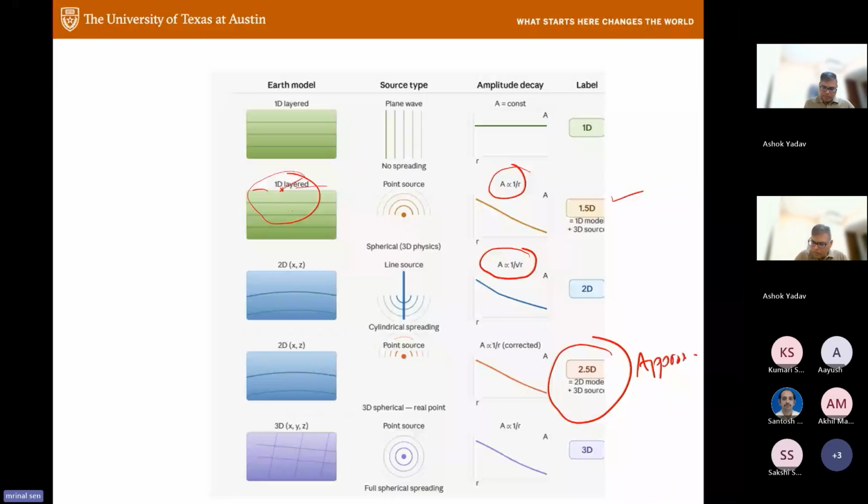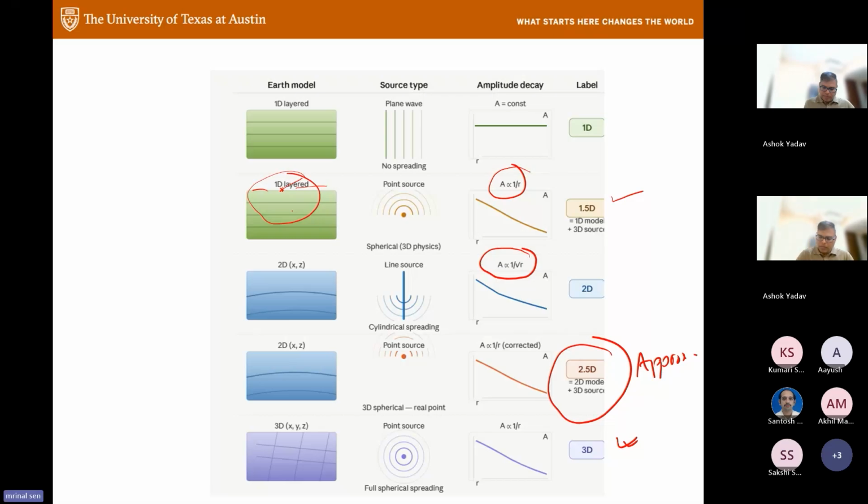Now in 3D, you have a point source, and this is 1 over r, and this is your reality, except that we haven't talked about heterogeneity yet, which is going to come next. Now, this is the reason why I wanted to show you what Green's functions are and why they are useful.